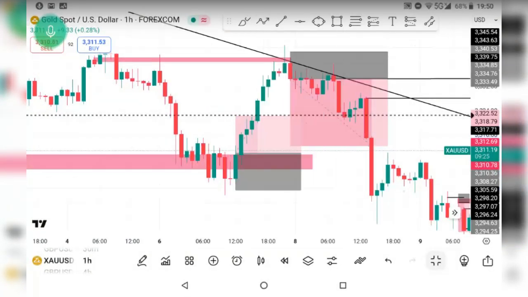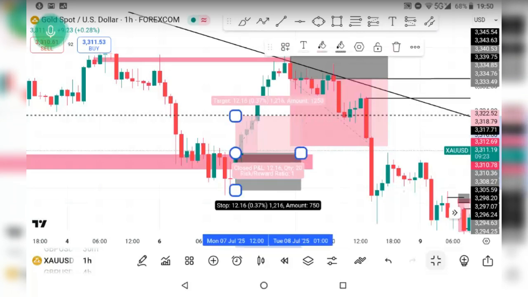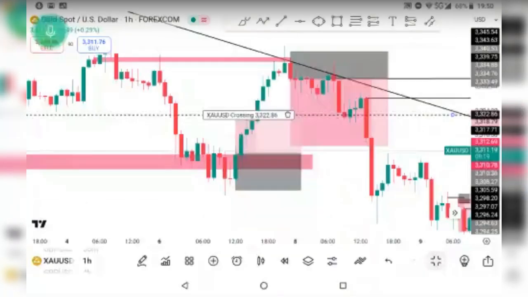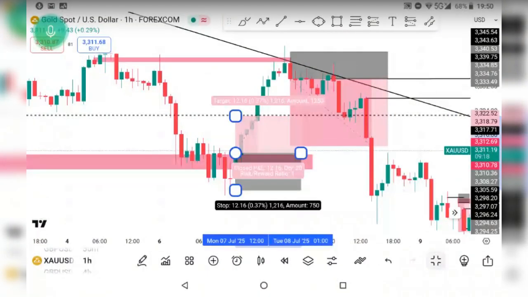Since I know we are on a downtrend and I was able to catch this brief buy, I will actually be targeting the resistance at the top.